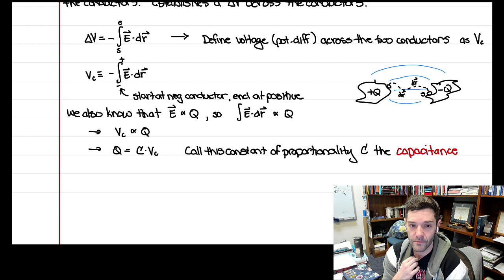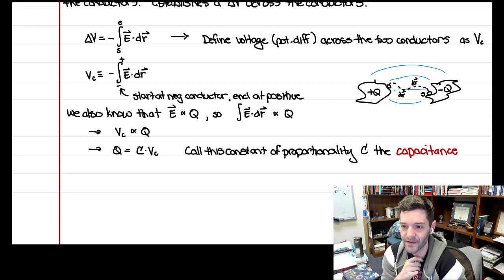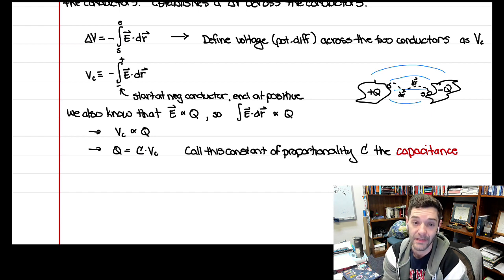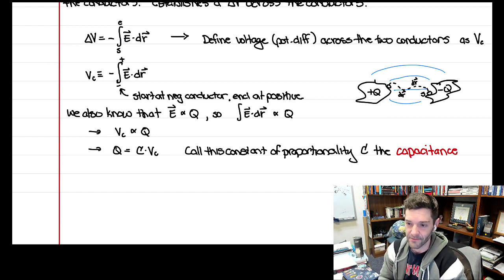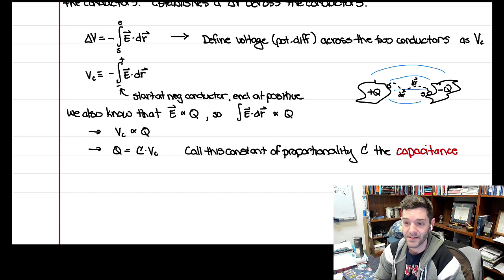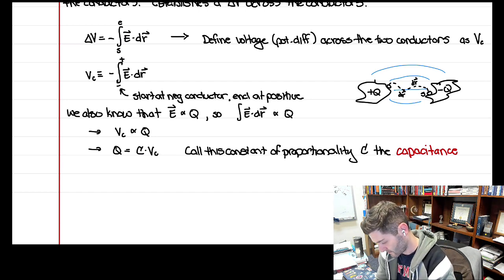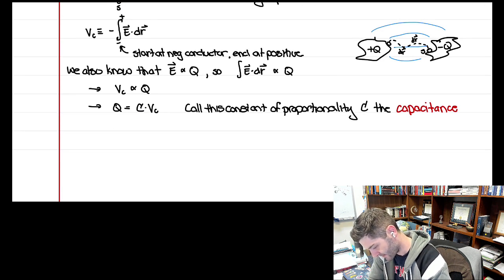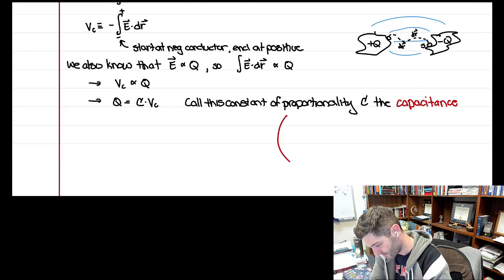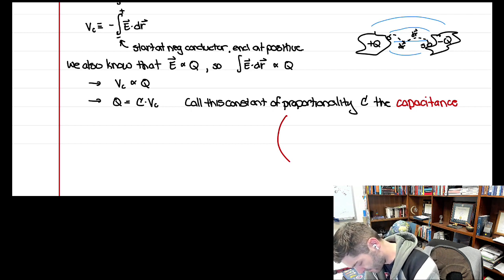Now, there's an unfortunate thing happening here: we are running out of letters. Now we have the letter C and the letter V both corresponding to multiple things. So I'll just have a quick be-careful aside.